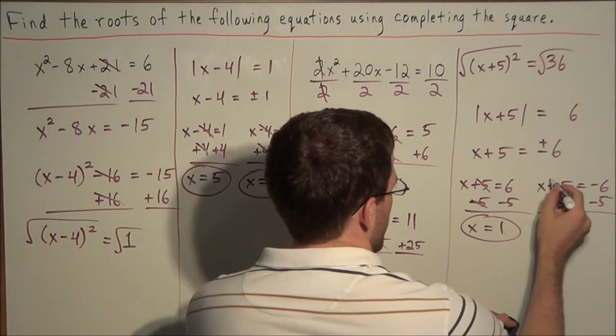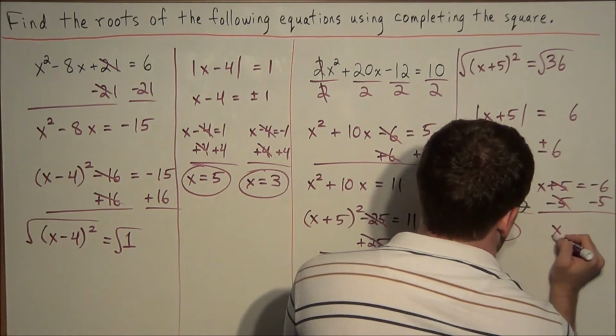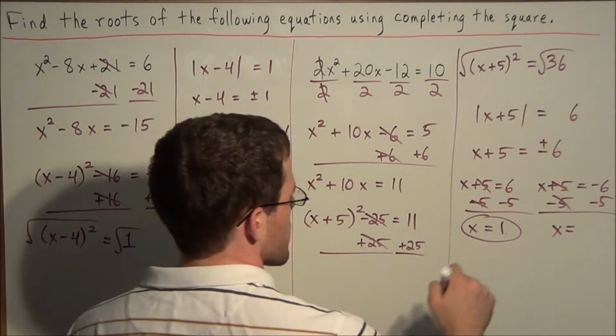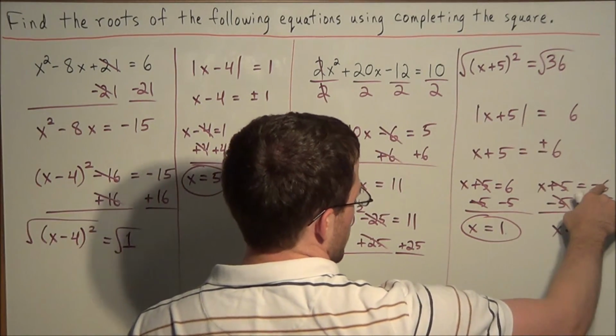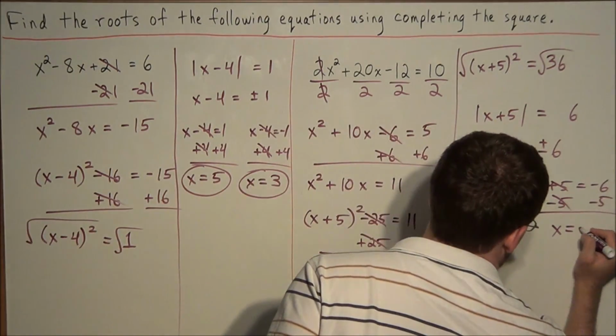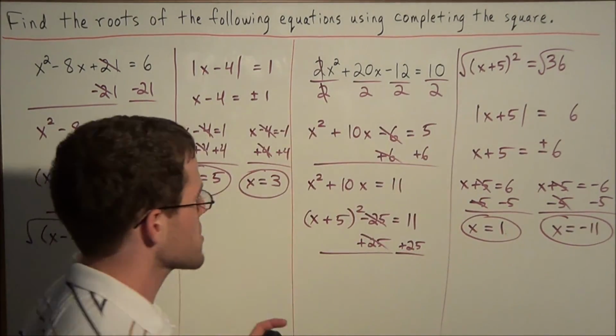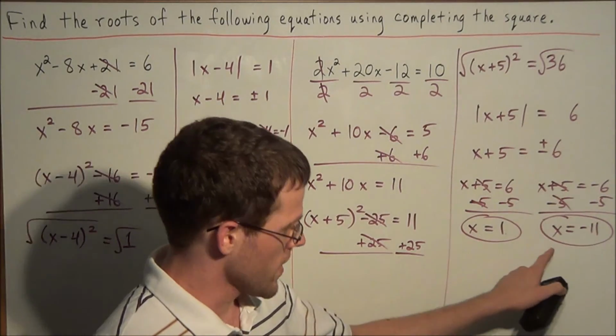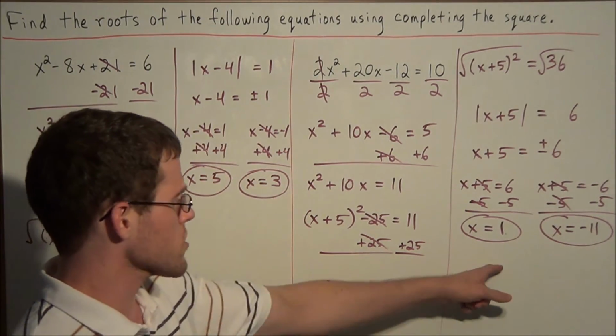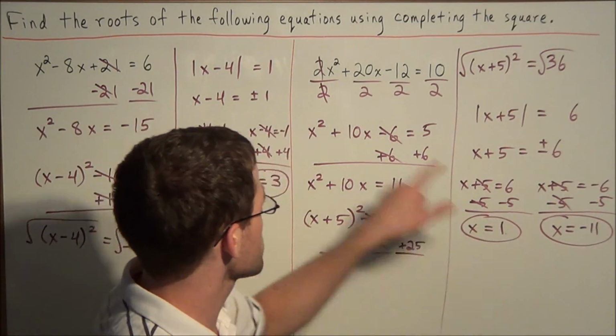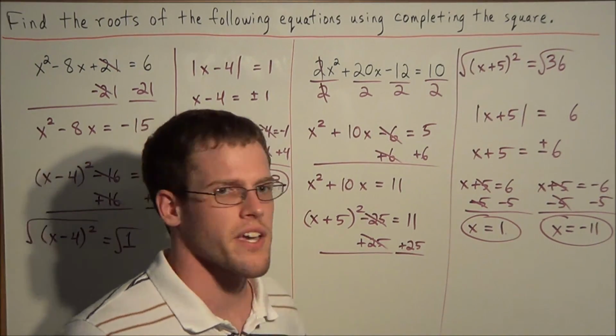And we have 5 minus 5 cancels, leaving us with x equals, and now negative 6 minus 5 is negative 11. So our roots to the second equation are x equals 1 and x equals negative 11. And once again, you could also plug these roots into the original equation to see that they do check out.